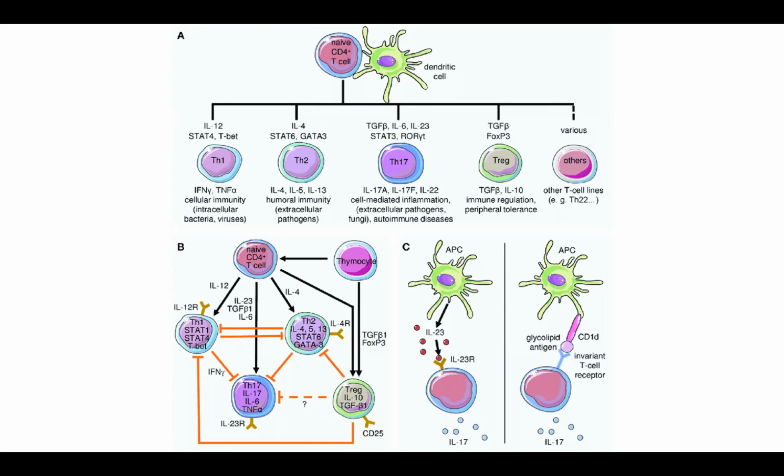All right. Now, if you have something that's inhibiting some of these receptors, like IL-12R, then you may have the correct Th1 count, but it's not really working very well. Also, Th17: if you have an IL-23 receptor that's inhibited or mutated in such a way that it's not working correctly, it's not going to be able to fight extracellular pathogens.